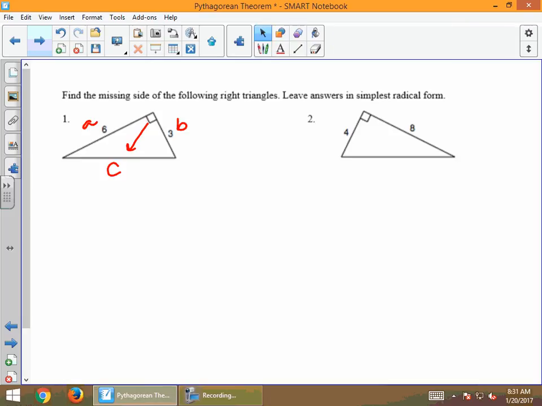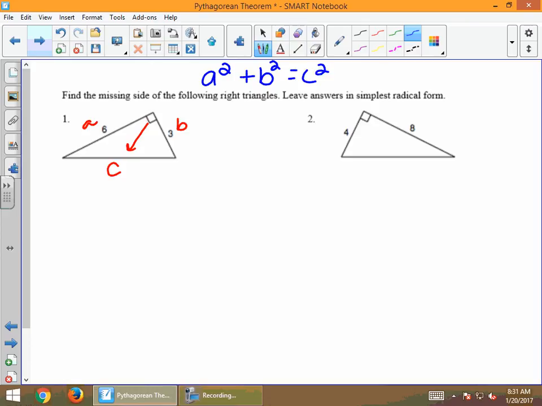Again, it's at the top of your paper, but I'm going to rewrite it up here. The Pythagorean theorem is a squared plus b squared equals c squared. All you have to do is plug those values into that theorem.